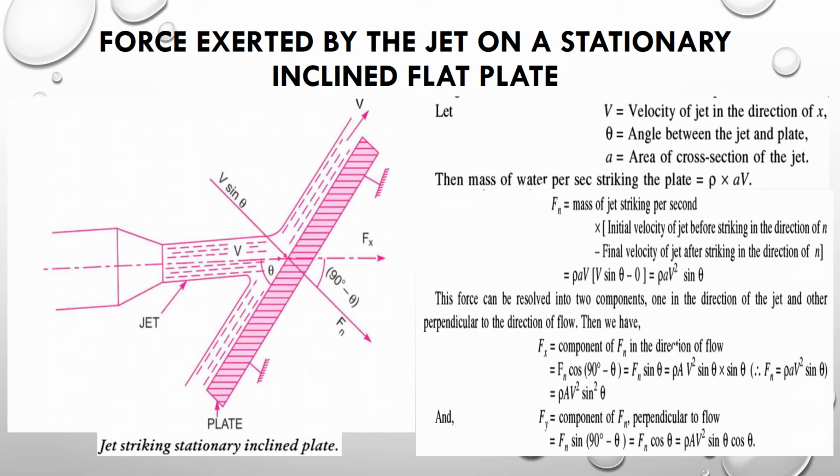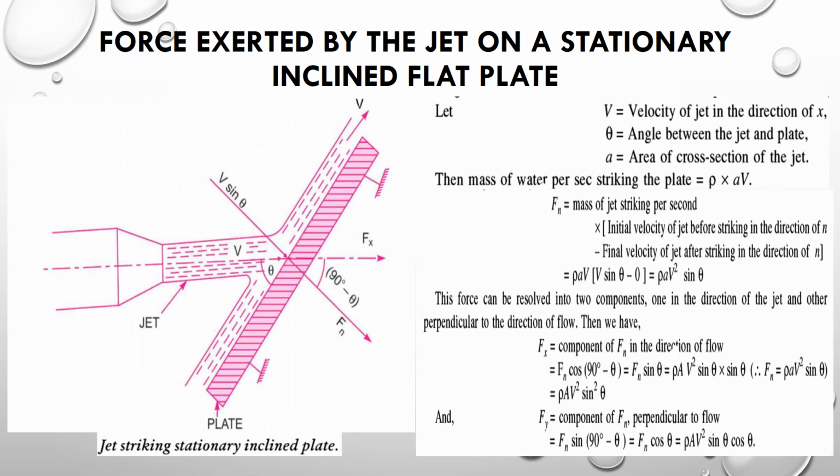Now moving on to the second case, that is again the stationary plate, but here the stationary plate is an inclined flat plate. So again we will consider the same thing, a pipe having a nozzle and water hitting here, and the plate is stationary but kept at an angle.